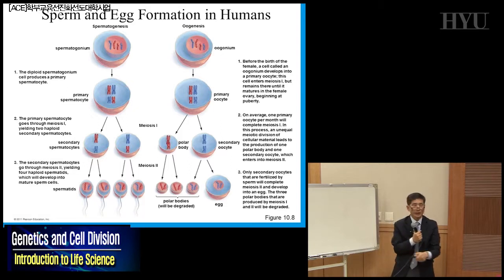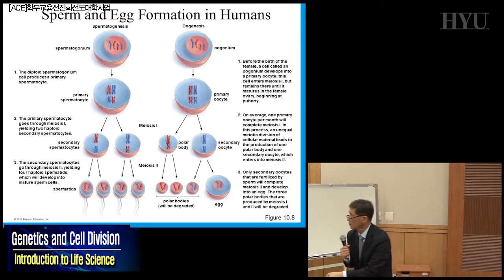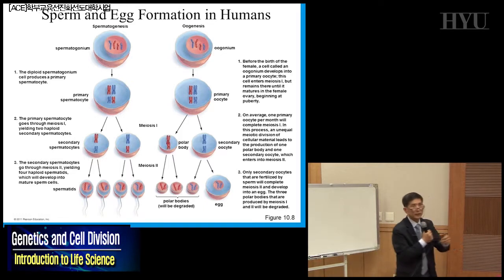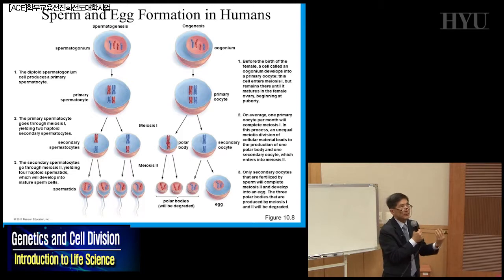The primary spermatocyte will generate one more spermatogonium. What I'm trying to say is that sperm has a stem cell-like character.